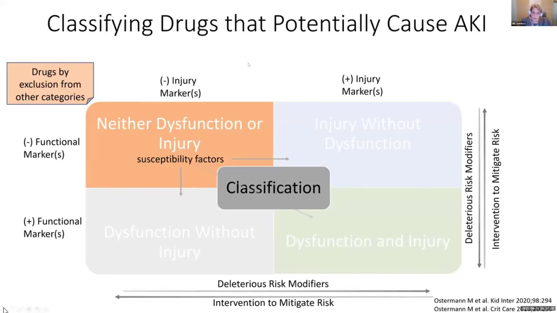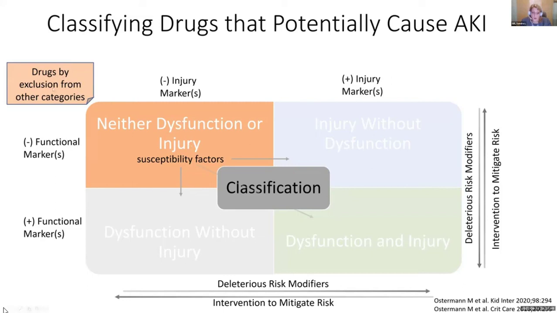So when we're talking about classifying these drugs using this classification system that's just been introduced recently, I'm trying to think, how do drugs fit into all this? That's the question. If we start with the upper left-hand corner, where we're talking about neither dysfunction nor injury, what drugs would those be? Well, the drugs that aren't causing nephrotoxicity.